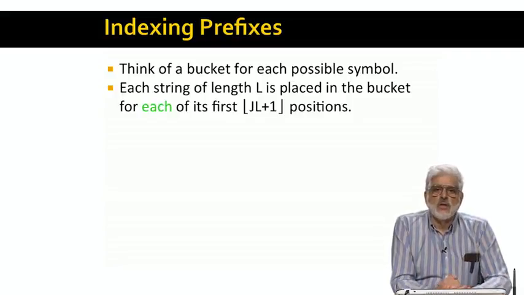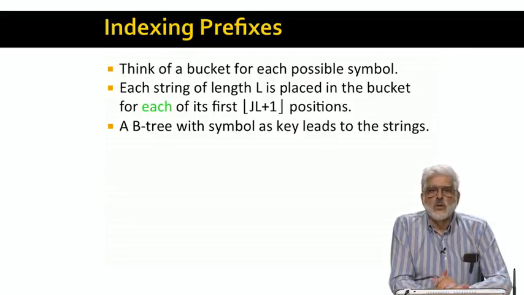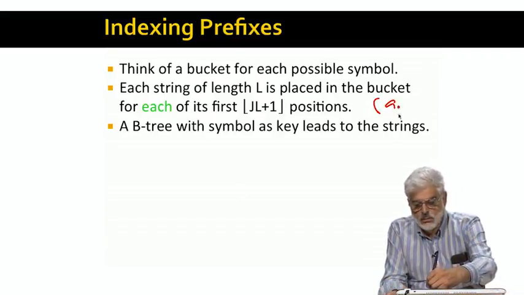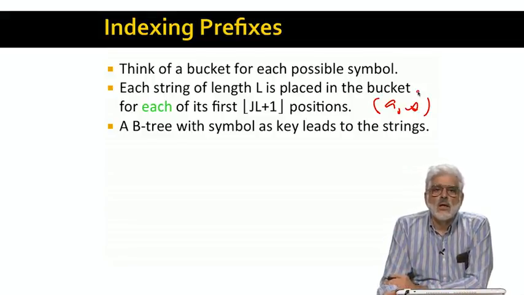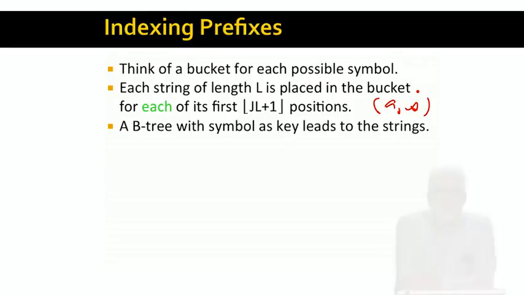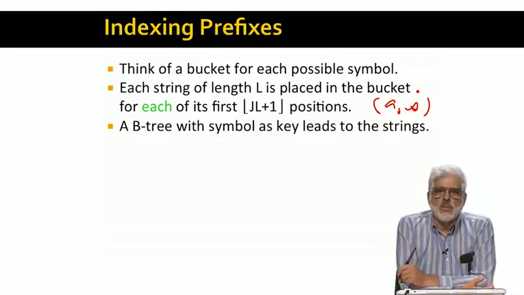Suppose we have a string S of length L. For each of the first floor of JL plus 1 symbols of S, say A, we'll put S in the bucket for A. A reasonable implementation is to store the pair A, S as a key-value pair, where the key is the symbol A and the value is the string S. We could store all these in a B-tree, for example, because that would make it very efficient to retrieve all the strings associated with a given symbol like A. We might store pointers to the string S rather than a copy of S itself, but that's a tricky implementation issue.